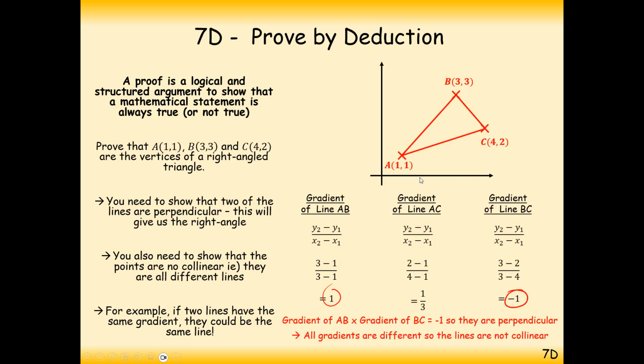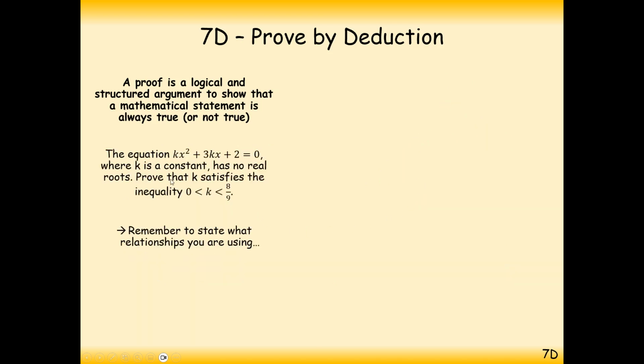Alright, so this next example is saying we have this quadratic, and there are some unknowns in that quadratic. K is a constant, and it has no real roots, okay? So what it's saying is that the quadratic cannot be zero.